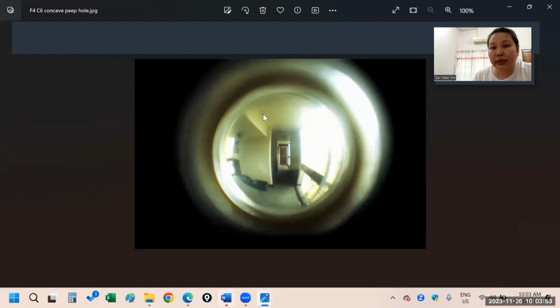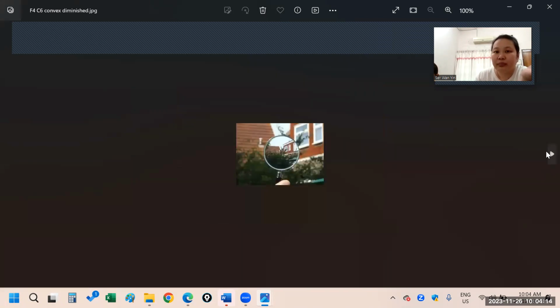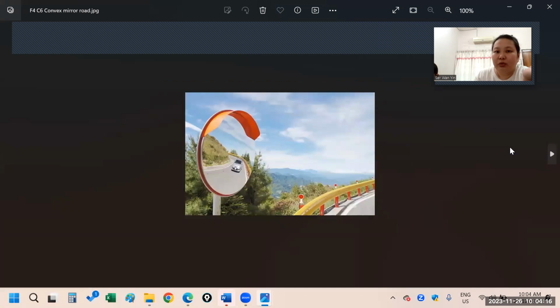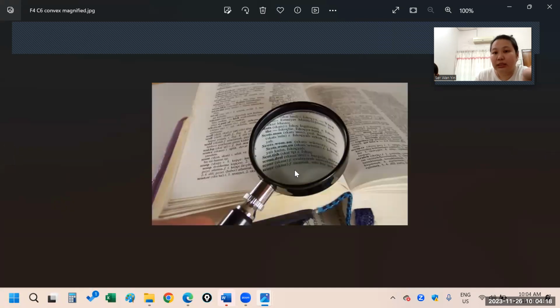Actually the object outside the door, the wall outside, is very huge. But now, since the image diminish, we can see the whole thing. So we say this one can see wider field of view.